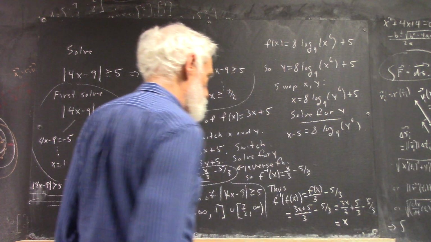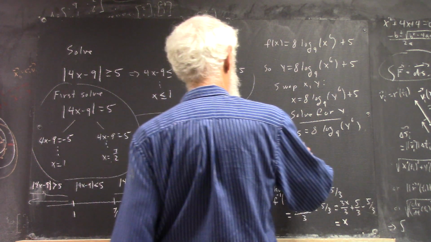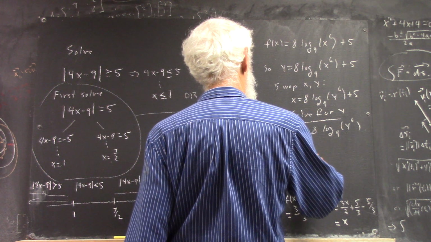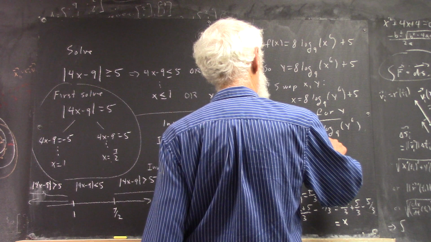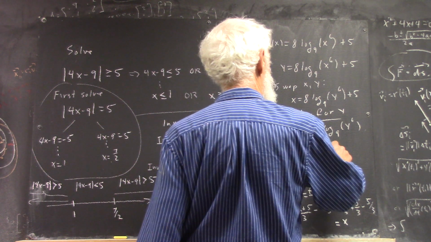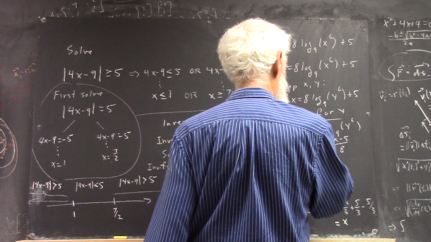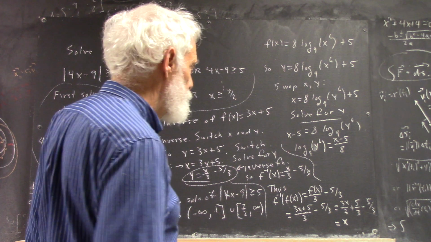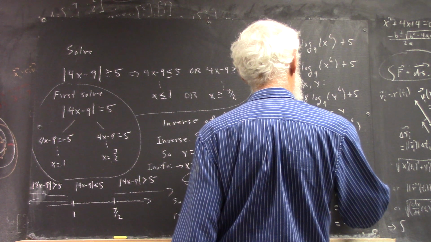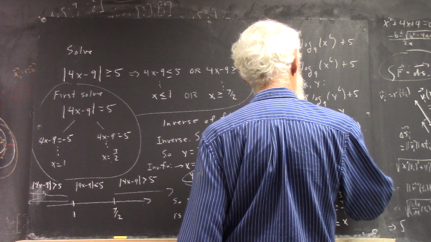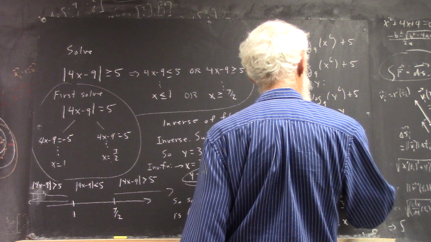And of course you want to write out your steps. But by now, you'll understand why I'm doing what I'm doing. So log base 9 of y to the 6th equals x minus 5 over 8. So y to the 6th equals 9 raised to the x minus 5 over 8.